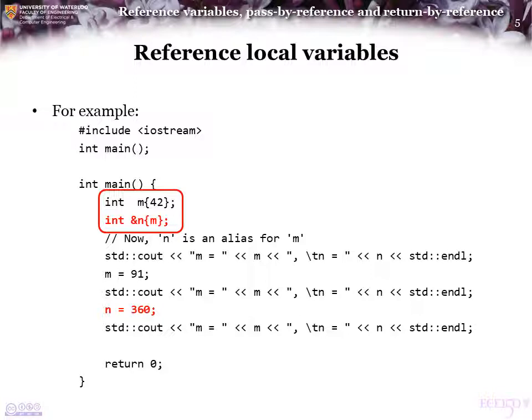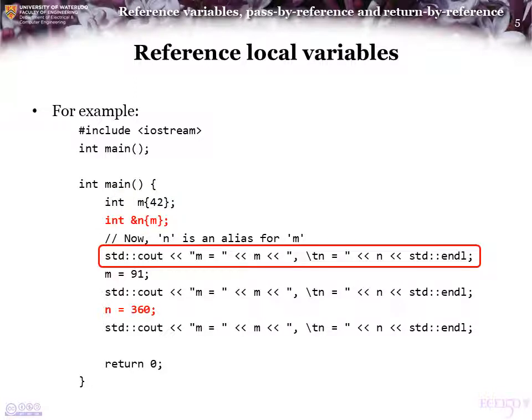You're probably never going to do this, but we're using this as an example to show how reference variables work. Now, in this line, we print both the value of m and n. However, every single time we print out n, we simply will print out the value of m. So these two values should always be equal. Notice I'm including a tab in there to separate the two objects.